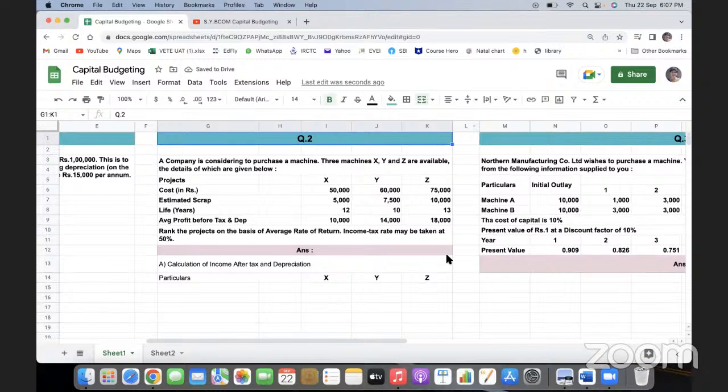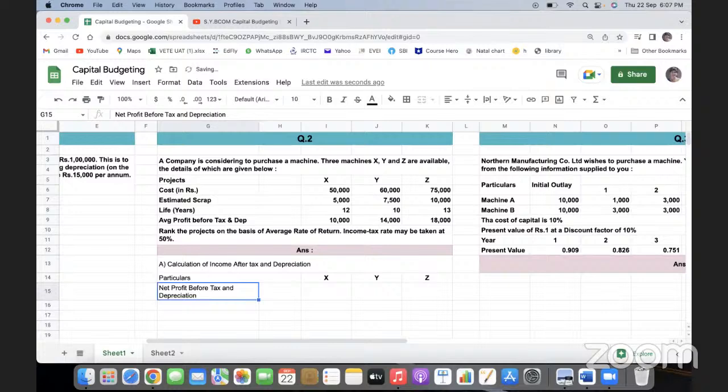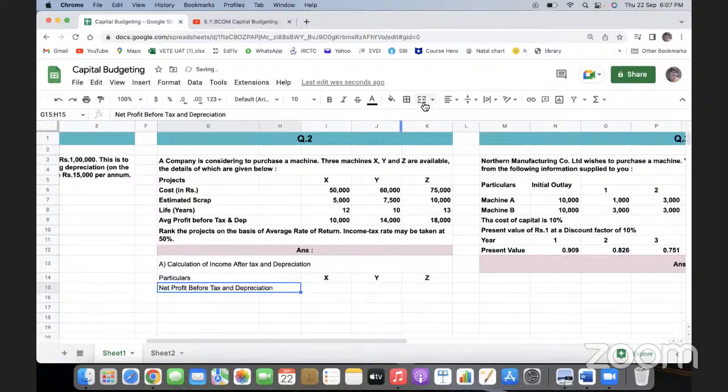In the particulars, first we write down what is given, that is net profit before tax and depreciation. That is given to us, and it is 10,000, 14,000 and 18,000.